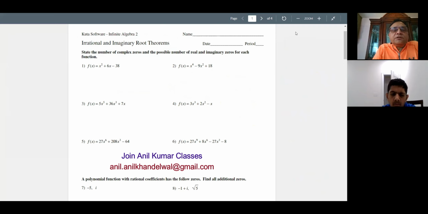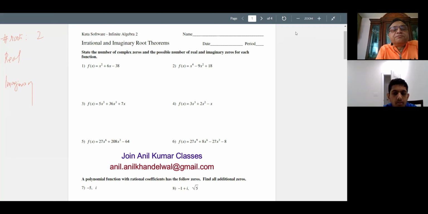Okay. So let's clear this and try to understand. The very first question, how many roots will it have? So let's make kind of a table. One question, number of roots, right? Number of real roots and number of imaginary roots. So degree 2 means number of roots are 2, correct? Yeah. Highest degree is 2.